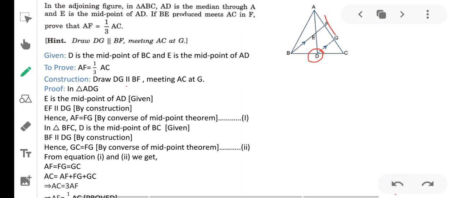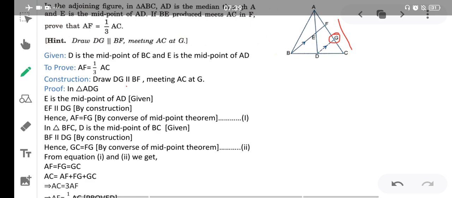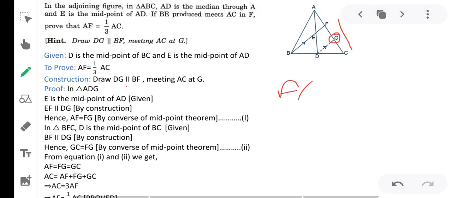So by the converse of midpoint theorem, this line segment DG bisects the third side, that means FC. So G is the midpoint of FC. Clear? So FG equal to GC.